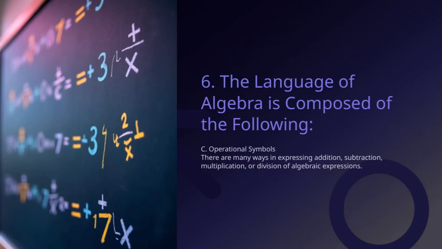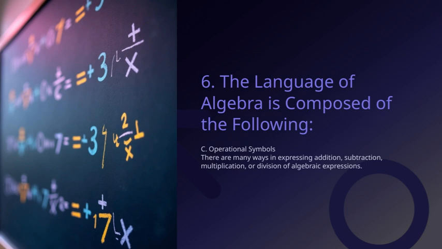Now, let's move on to operational symbols. There are many different ways to express addition, subtraction, multiplication, or division of algebraic expressions. Understanding these symbols is essential because they form the foundation of how we communicate algebraic ideas clearly and efficiently. Next, we'll talk about the language of algebra and what it's composed of.